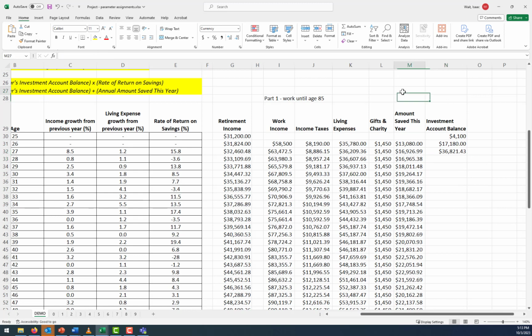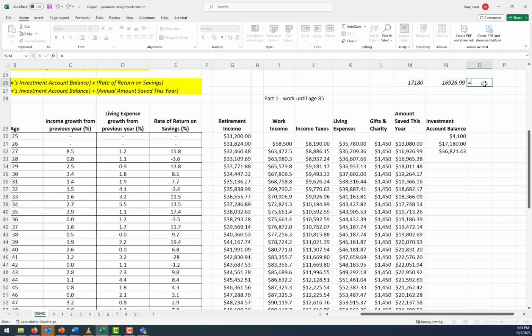We know that it should be 17,180 plus we're also going to add 16,926 and 99 cents, and then there's also going to be 15.8% of the previous year's balance, so it's that.